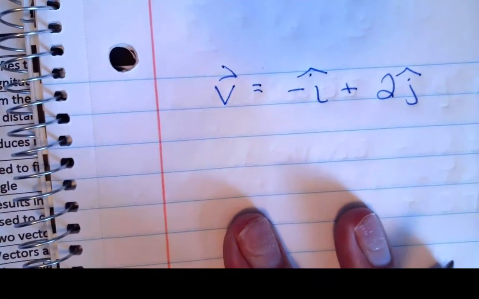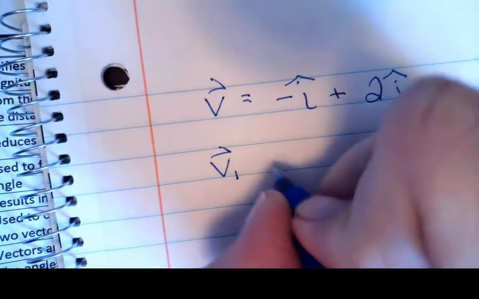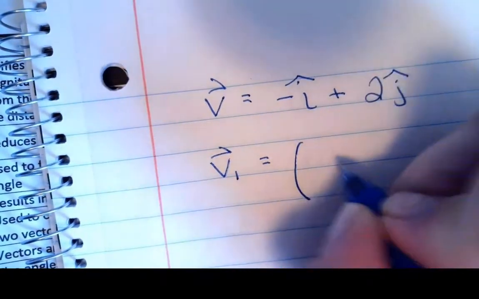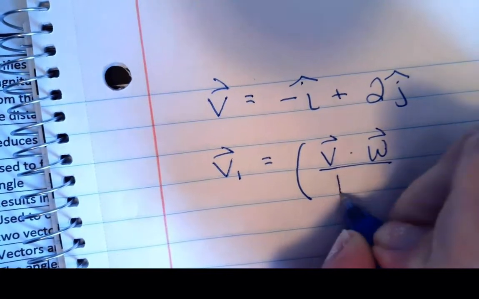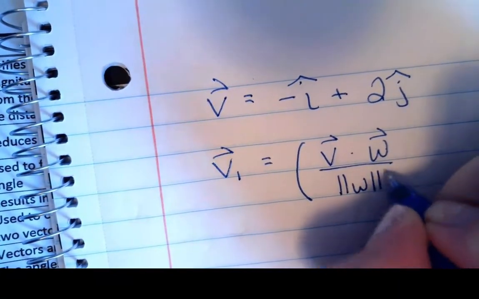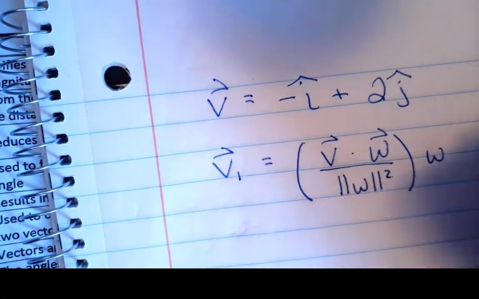Okay, so my vector decomposition states that v1 will be the dot product between my vectors divided by the square of the magnitude, and that becomes a scalar, and I distribute that to w.